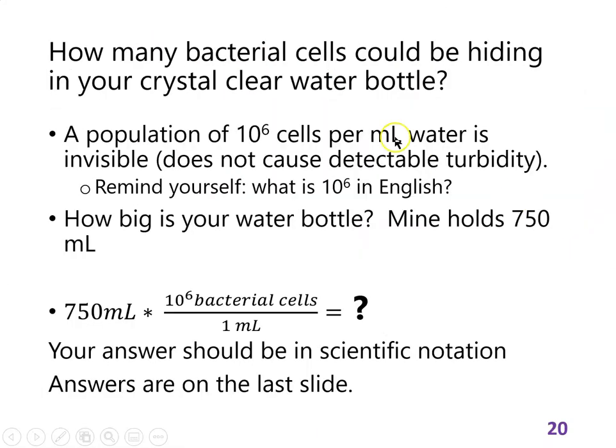So we might ask, how many bacterial cells could hide in a crystal clear water bottle? So how big is your water bottle? Mine is a 750 milliliter bottle. So if we multiply 750 milliliters times 10 to the 6th bacterial cells per milliliter, how many cells is that? And I want you to answer that in scientific notation.